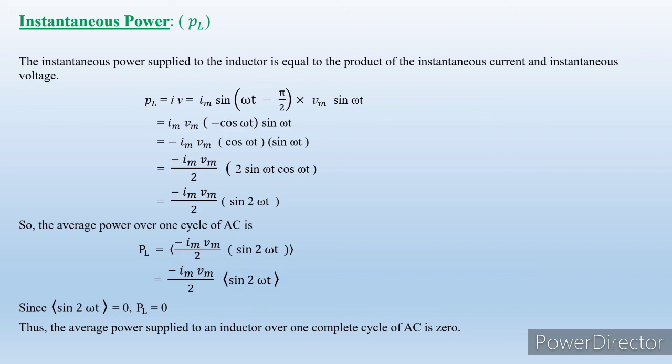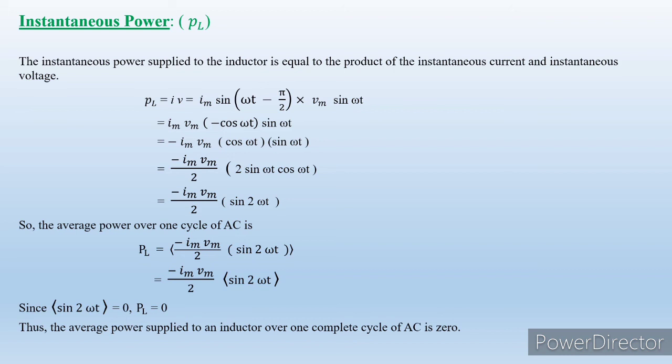and substituting V equal to Vm sin omega t, we get PL equal to Im into Vm into minus cos omega t in place of sin(omega t minus pi by 2), into sin omega t. That is equal to minus Im into Vm into cos omega t into sin omega t.